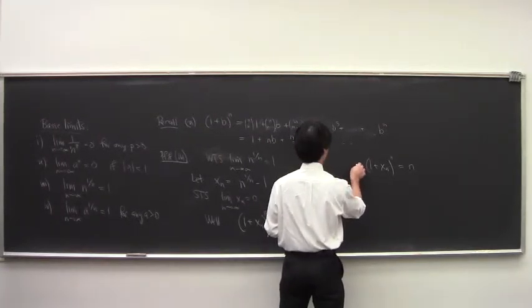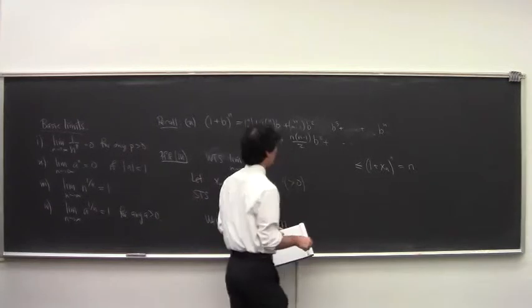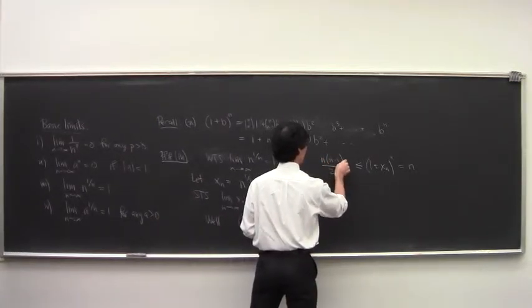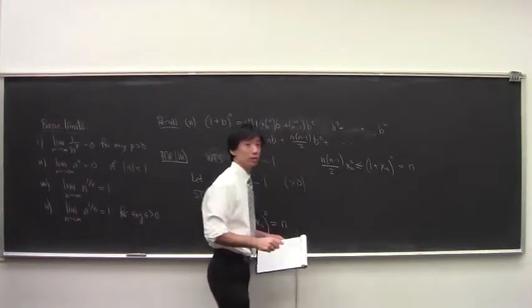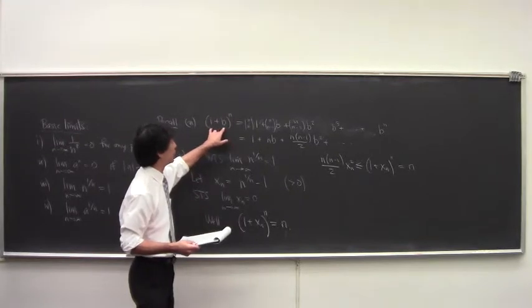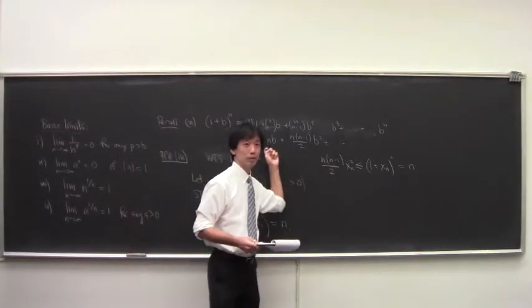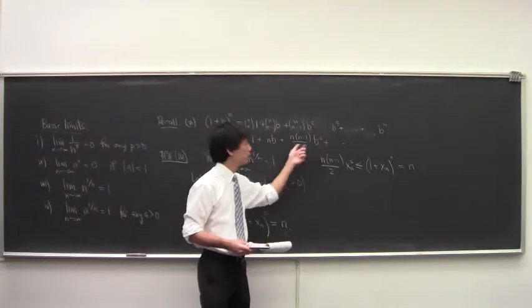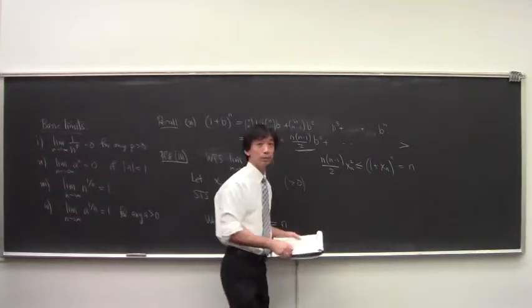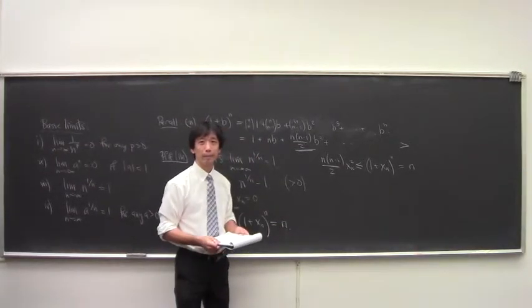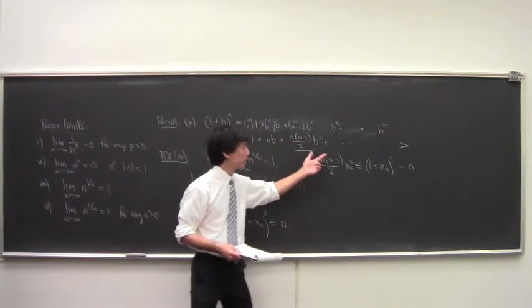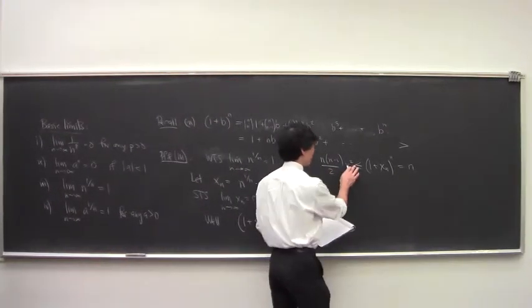We'll say, well, this is bounded below by n times n minus 1 over 2 x of n squared. Okay. Right? Because 1 plus x of n to the n is this whole polynomial here. So that's certainly bigger than just one of the terms. Okay, so we just pull out one of the terms and say that's our lower bound.